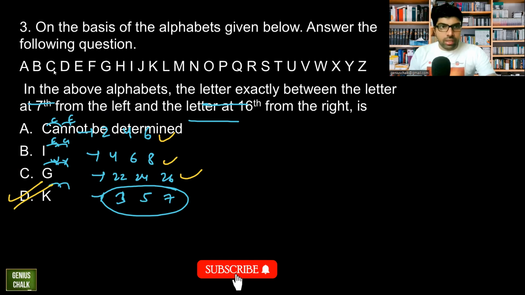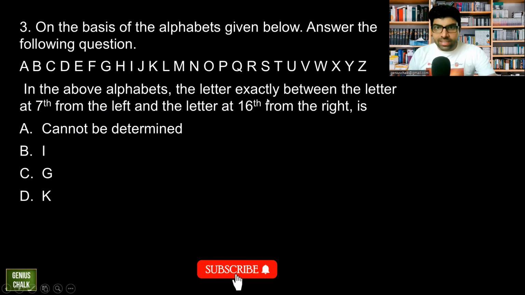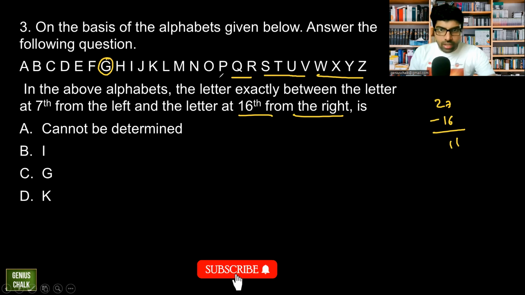Next one. In the above alphabets, the letter exactly between the letter 7th from the left. So let's count, 7th from the left must be G. And 16th from the right, just subtract 27 minus 16. So this becomes 11. So you can go like this, 4, then 8, then 12, and then 16.